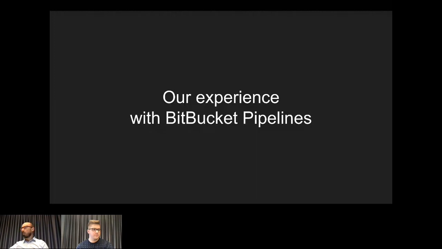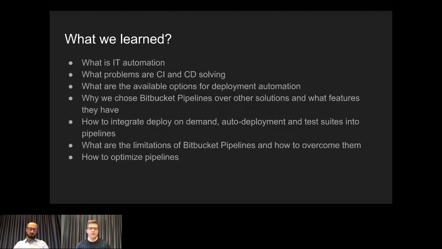Maybe let's go into the Q&A section. Okay, so what did we learn today? We learned what IT automation is, and what problems CI and CD are solving. We also learned what the available options for deployment automation are, why we chose BitBucket pipelines over other solutions on the market, and what features they have.